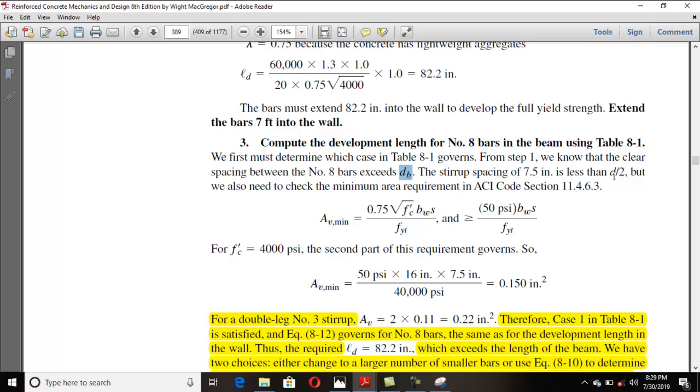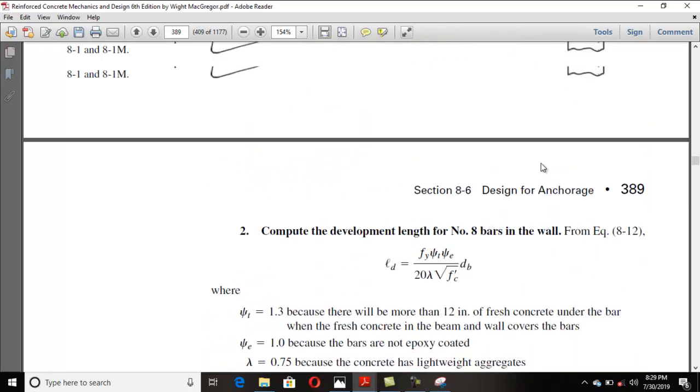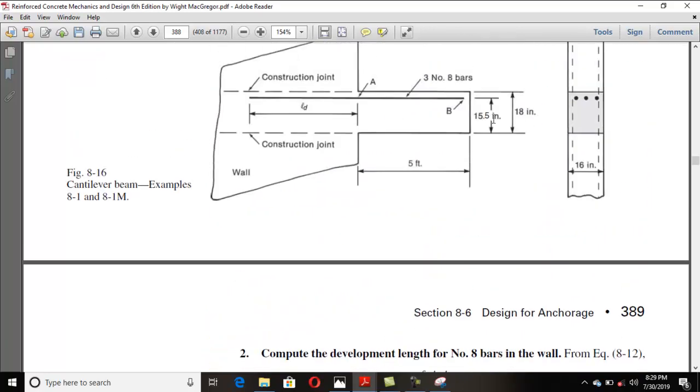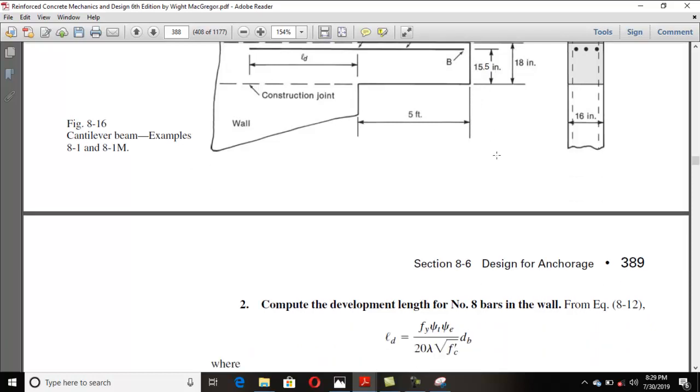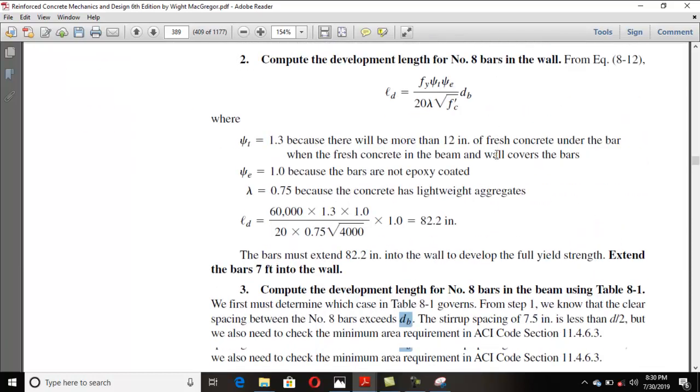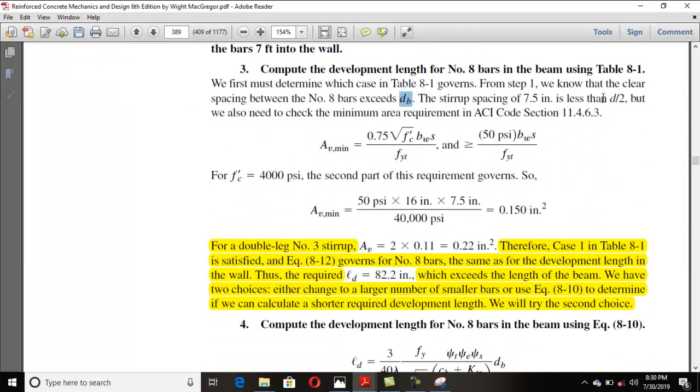Yes, because we have d equal to 15.5 inch, so d comes out to be more than 7.5, and 7.5 is more than d by 2 also.